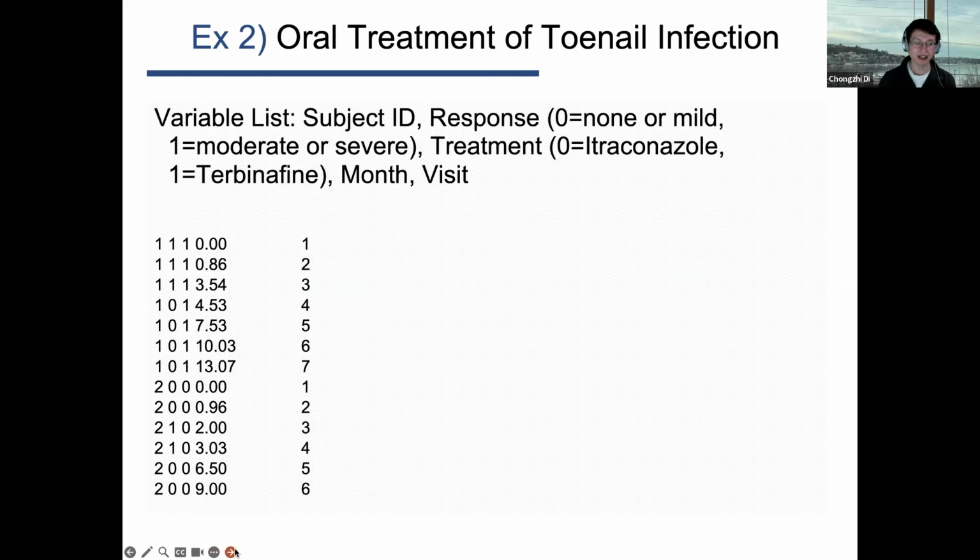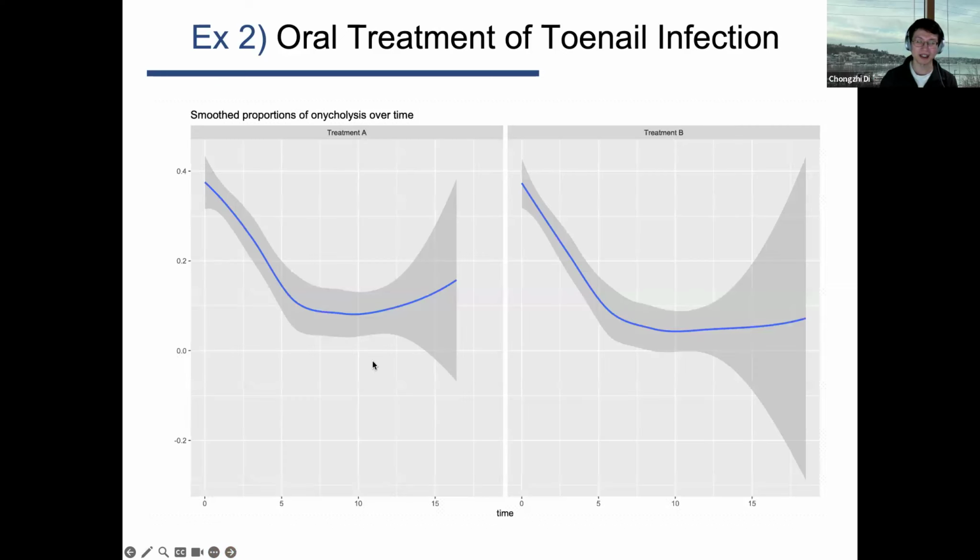But because the time is irregular in this case, it's really hard to group them into tables. So what I try to do is use smoothing to smooth the proportions of positive outcomes over time between two treatment groups.